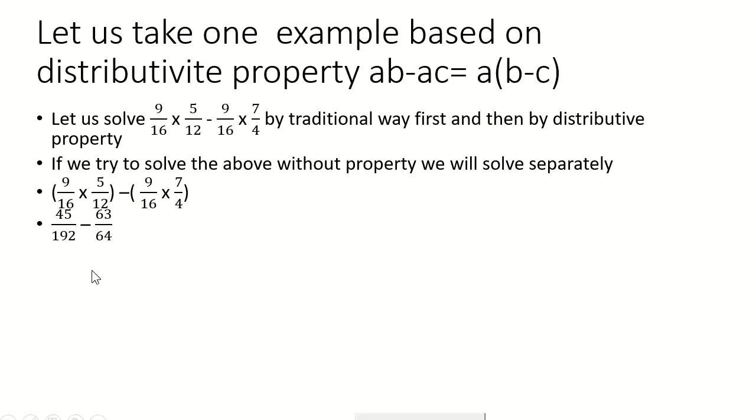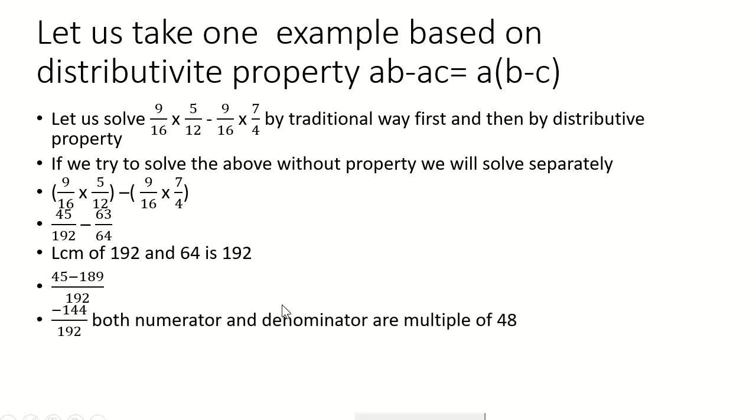Now we will have to take the LCM of 192 and 64. LCM of 192 and 64 is 192. Now as we can see, after taking LCM, we have 45 minus 189, which solves out to be minus 144 by 192.